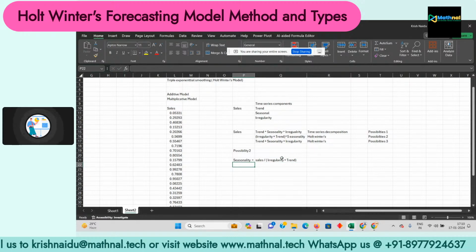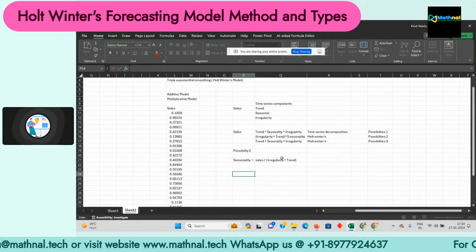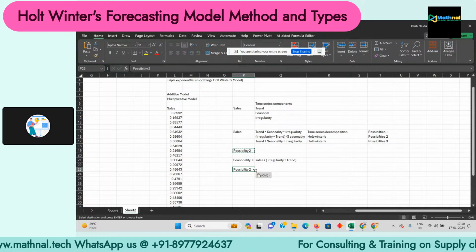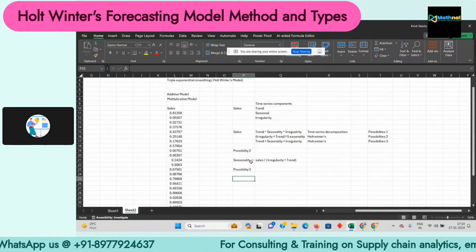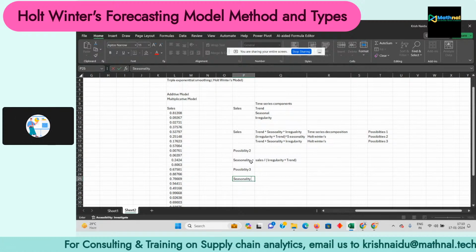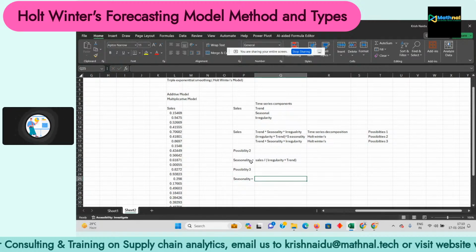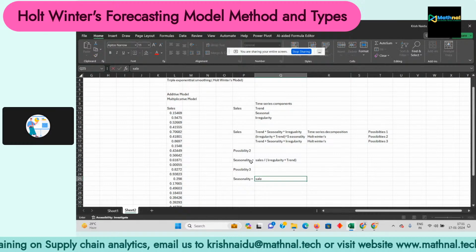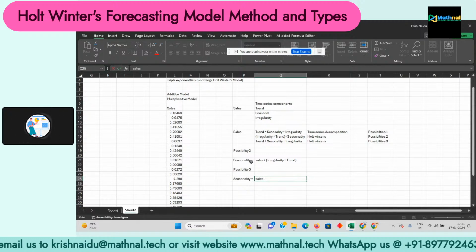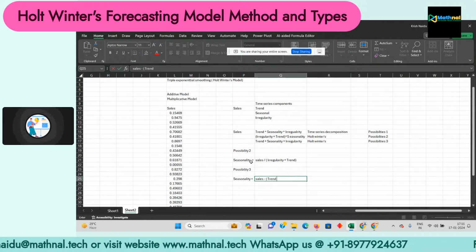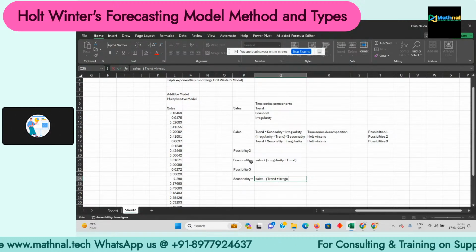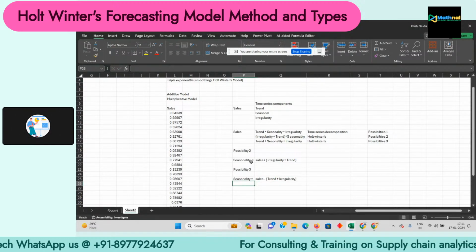If you want to find my seasonality in possibility number three, the seasonality is equal to sales minus trend plus irregularity.